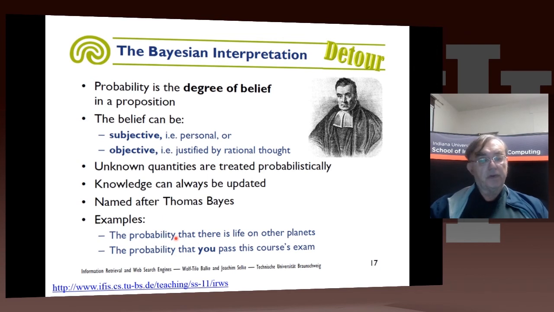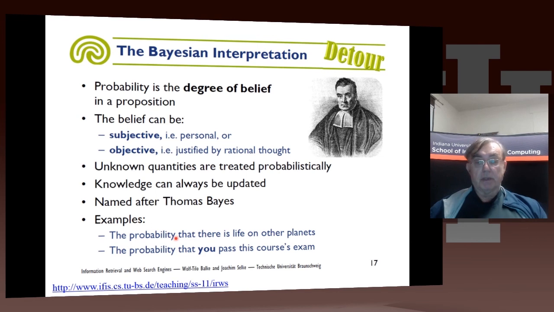Well, you could have two views of that. The probability of there being any other planet with life on it: the trouble with the frequency view of that probability is you'd have to actually have lots of universes and say, if the probability is 23%, if I have 100 universes, 23 universes will have life on other planets, and the other 77 will not.